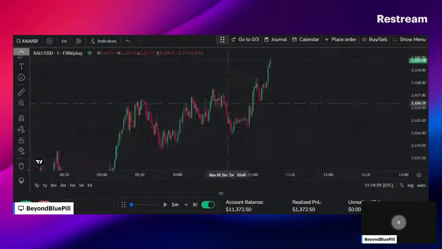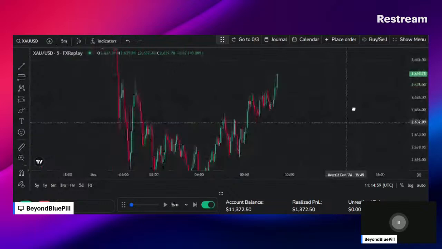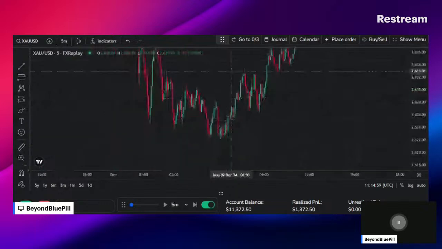So 1 minute bullish, traded here, failure, traded above that. 1 minute we had a bullish trend going on. 5 minute though, we have our protected one.